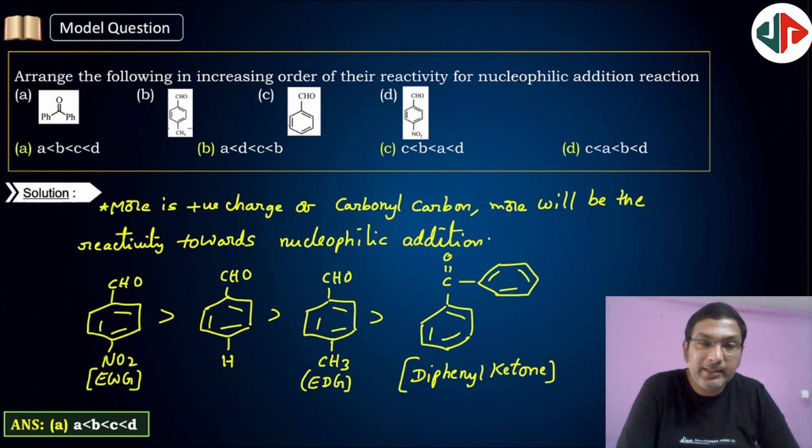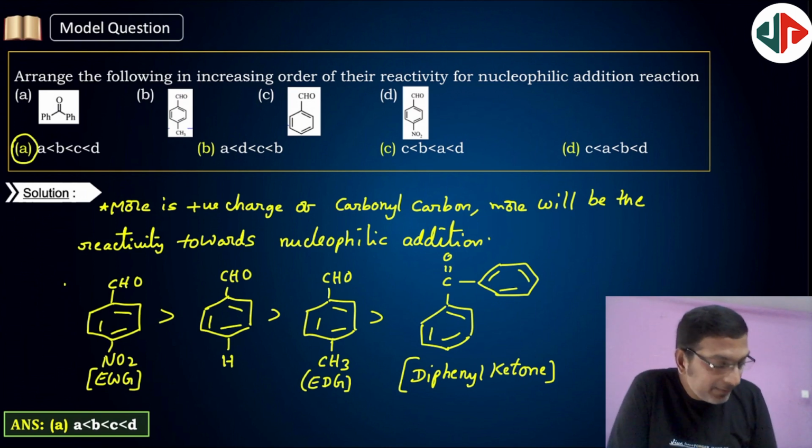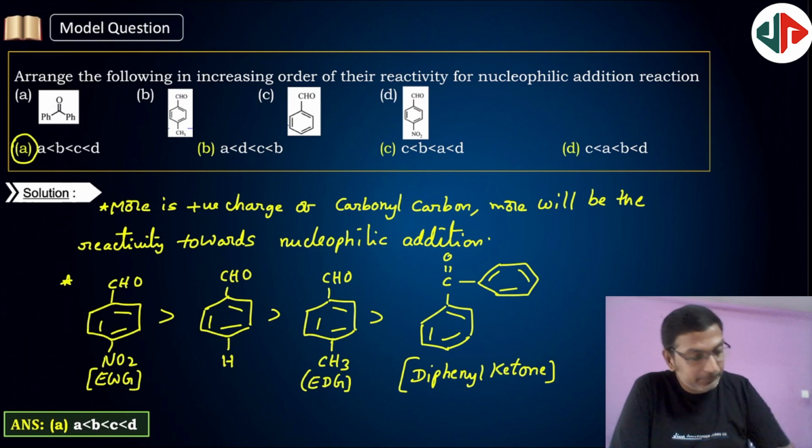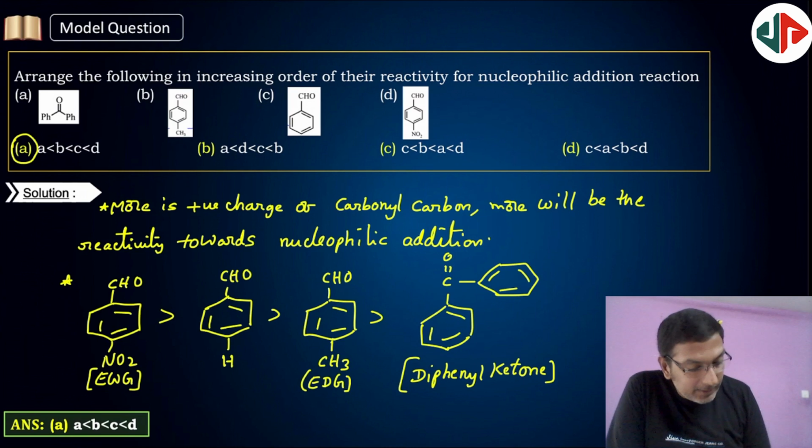Next, CH3 is donating. But in diphenyl ketone, there is conjugation between pi bonds of benzene and CO. Therefore, least positive charge, least reactive. Therefore, option A. Here I have given decreasing order, but we have to arrange in increasing order. Therefore, A, B, C, D is increasing order. So this is option A.